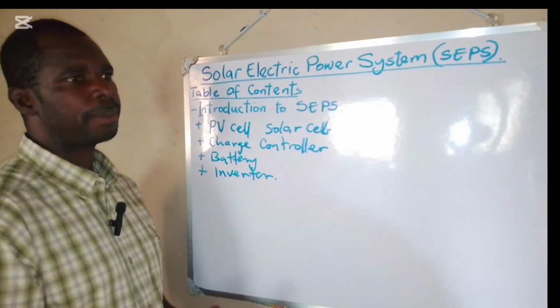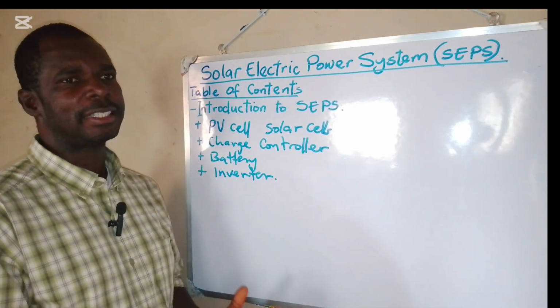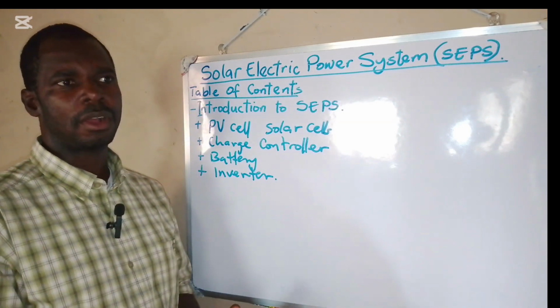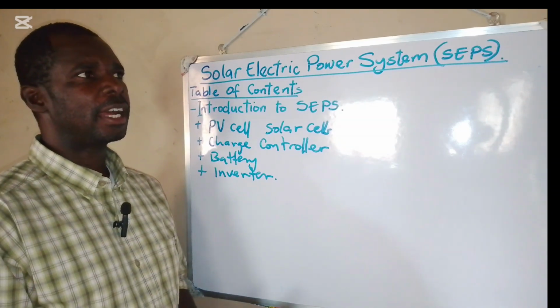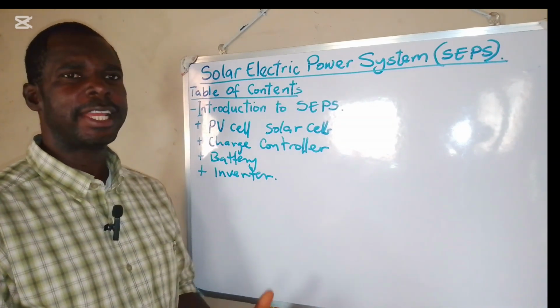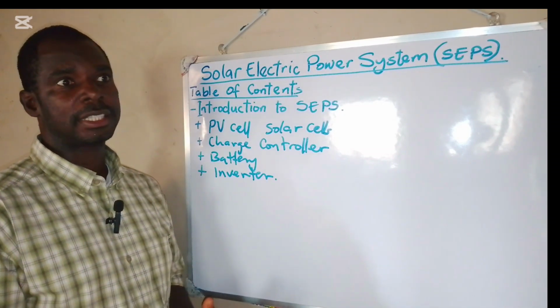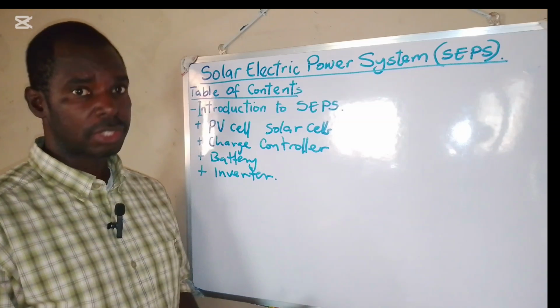Now, why do we need a solar electric power system? We need it in order to augment the existing utility power, known in this side of our environment as NEPA. Not that we can't have a stand-alone solar power grid, but it's capital intensive, very costly.